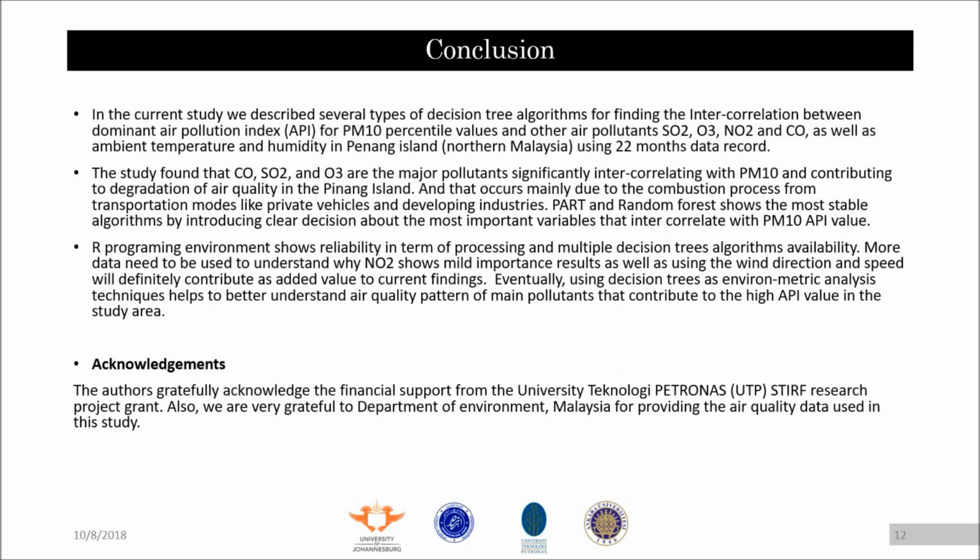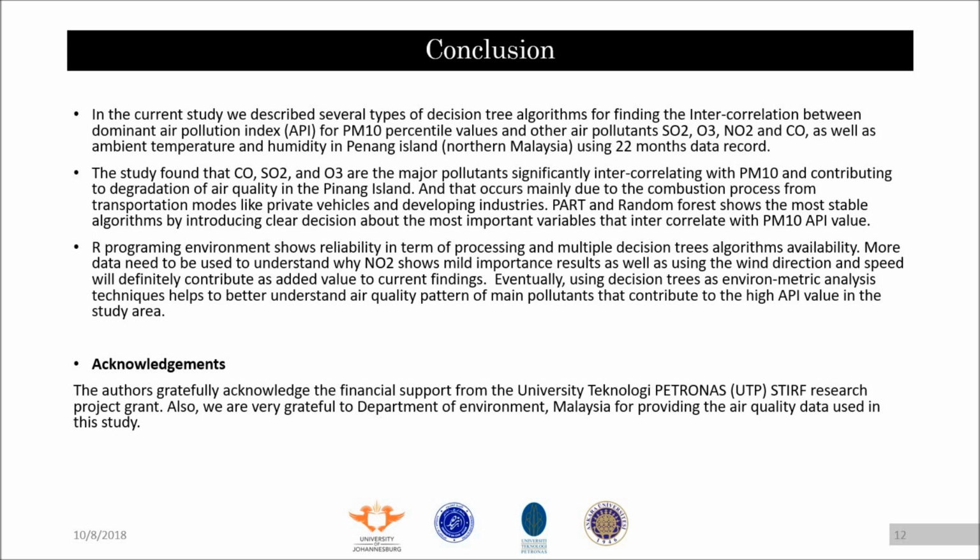So to sum up, in the current study, we described several types of decision tree algorithms to find the intercorrelation between the dominant air pollution index for PM10 percentile values and the other air pollutants like SO2, O3, NO2 and CO, as well as the temperature and humidity in Penang Island, northern Malaysia, with data of 22 months.